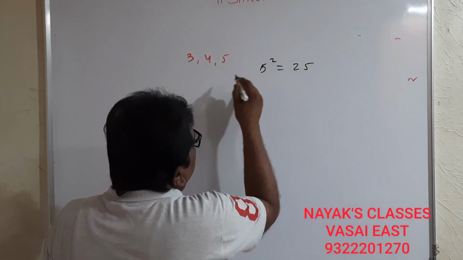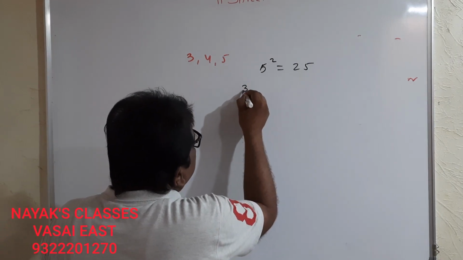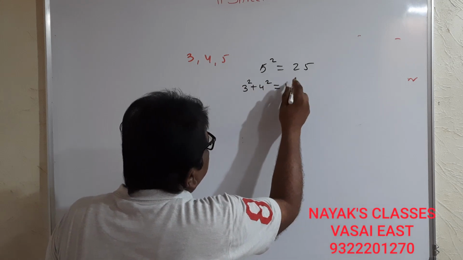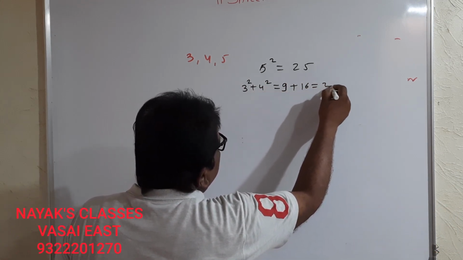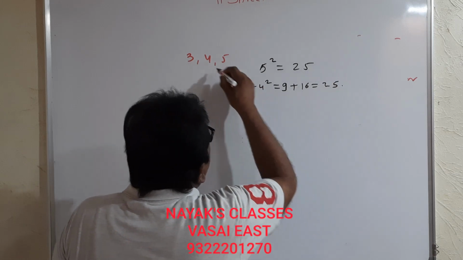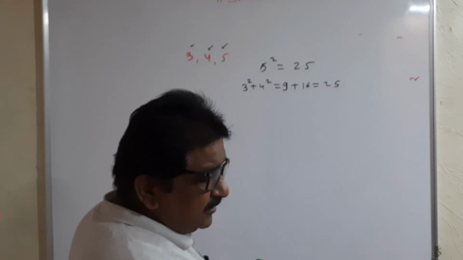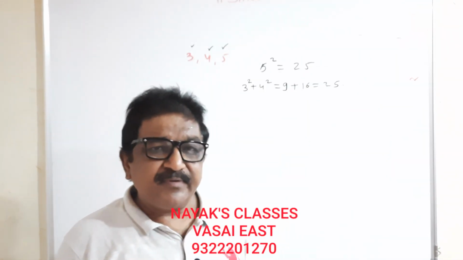The largest number is 5, and the remaining are 3 square plus 4 square, which is 9 plus 16, equal to 25. Then these three numbers are called a Pythagorean triplet.